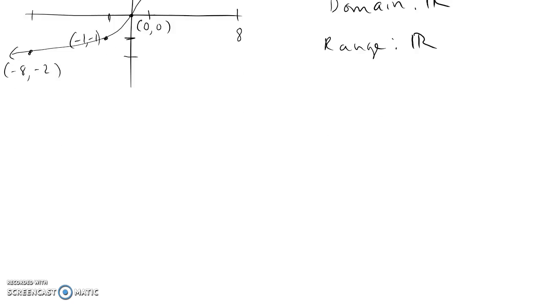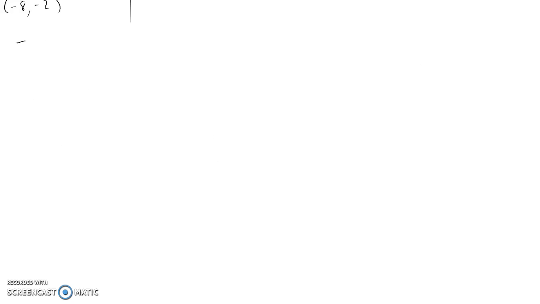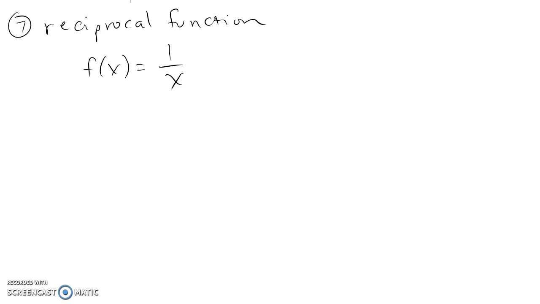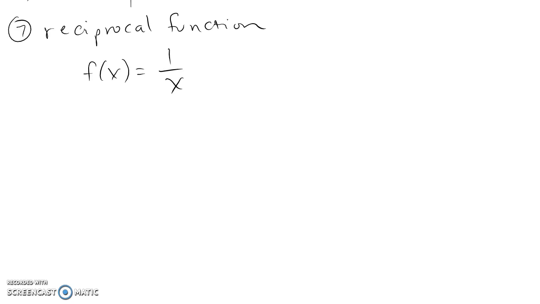Okay, two more. The first one is the reciprocal function. F of x equals 1 over x. So for whatever x I input, it's going to take 1 over that number. It's going to take the reciprocal of that number.